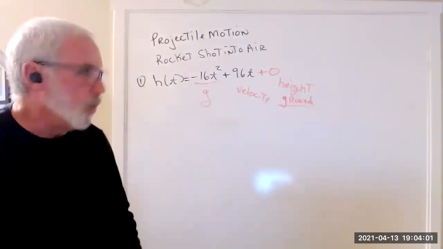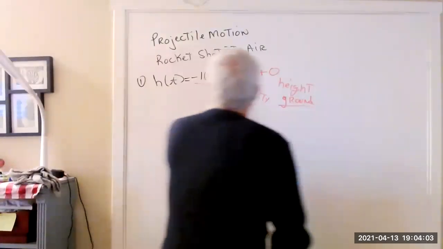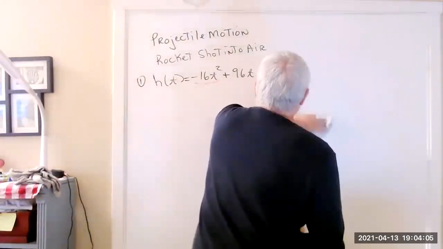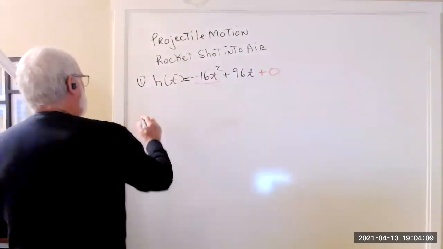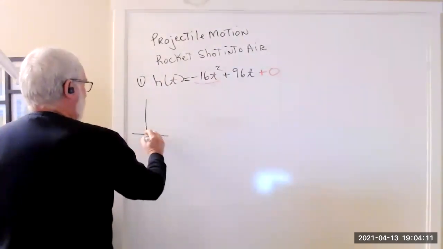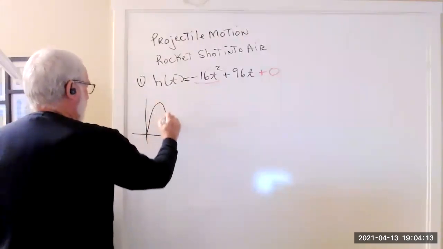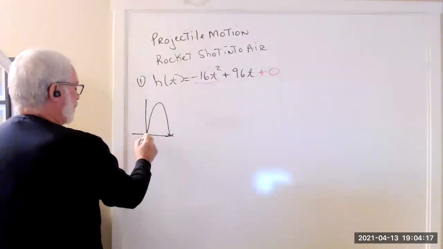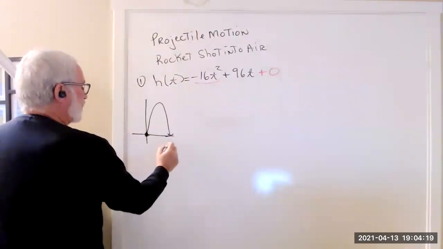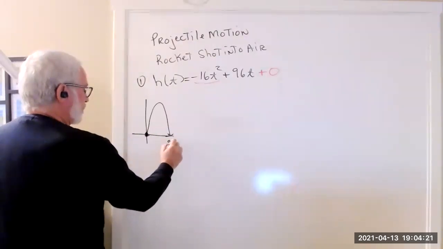Part A, when does the object hit the ground? Here's my drawing. It came from the ground, it goes back up, it comes back down. It starts on the ground, and later it's going to hit the ground.